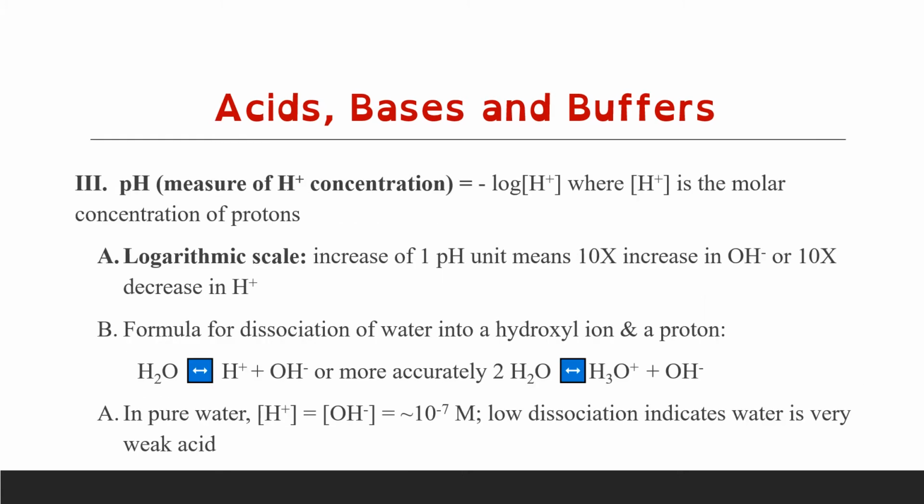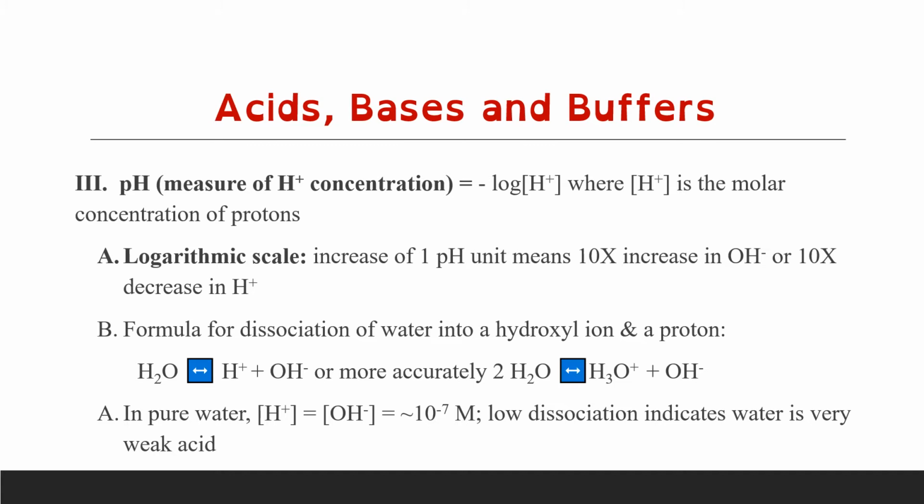Next is pH. pH is the measure of hydrogen concentration, computed as the negative log of [H+], where [H+] is the molar concentration of protons. In the logarithmic scale, an increase of 1 pH unit means a 10 times increase in hydroxide or a 10 times decrease in hydrogen.